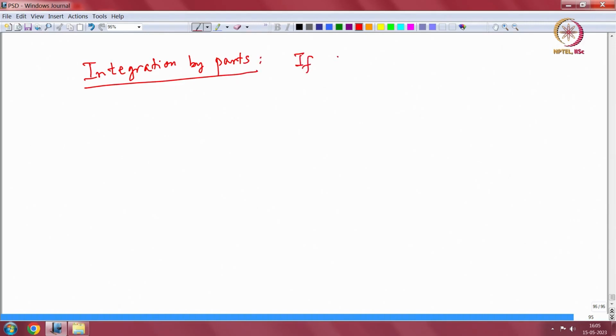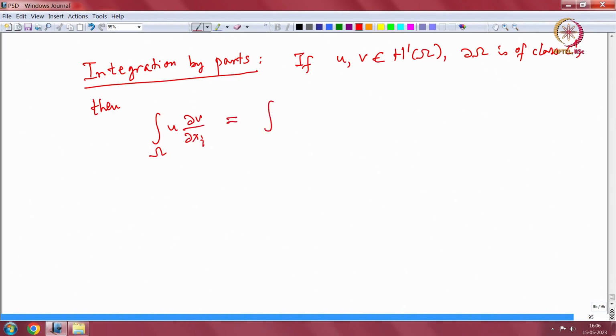If u and v are in H1 omega, where the boundary of omega is of class C1, then the integral over omega of u dv by dxi equals the integral over del omega of u v nu i, where dS is the surface measure on del omega, minus the integral over omega of du by dxi times v, for i equal to 1 to n.